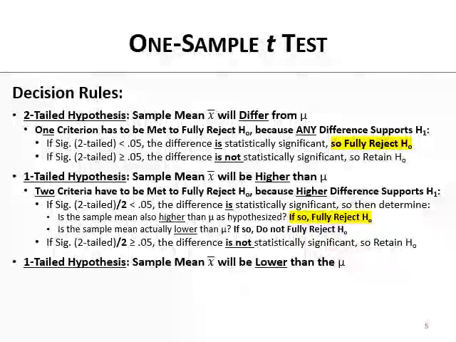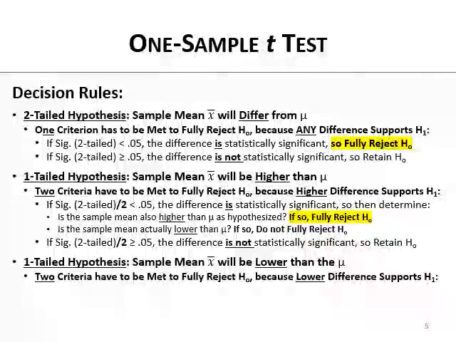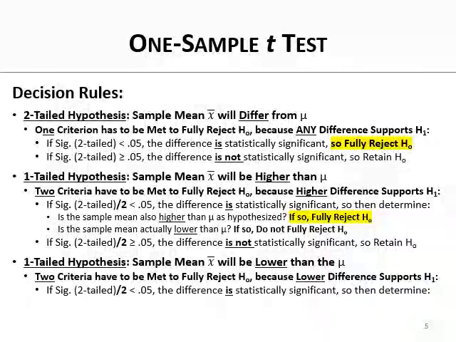What if you hypothesize instead that the sample mean would be lower? It's kind of the same thing, except the direction has to be less than, right? The mean should be lower. So two criteria again, because only lower supports the alternative hypothesis. So you divide two-tailed sig by 2. Is it less than 0.05? If so, cool. There's a difference between the groups.